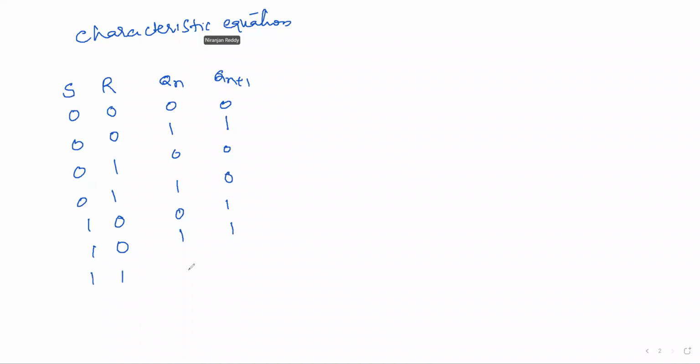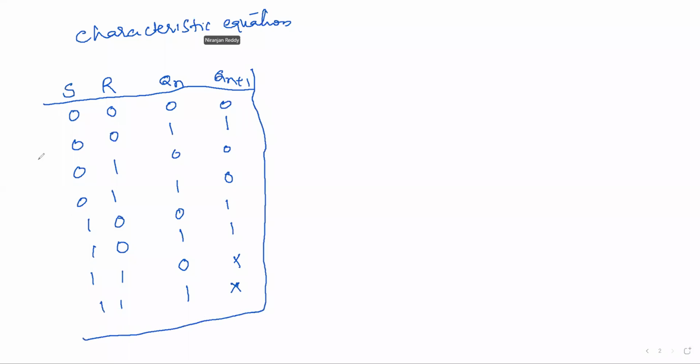And next 1, 1 may be a 0, 1, 1 may be a 1. Both are going to be an indeterminate state, because at any one of the inputs being 0, the output is going to be the indeterminate state, I told, right? So this is what a characteristic equation is. This characteristic equation is derived from your truth table only.